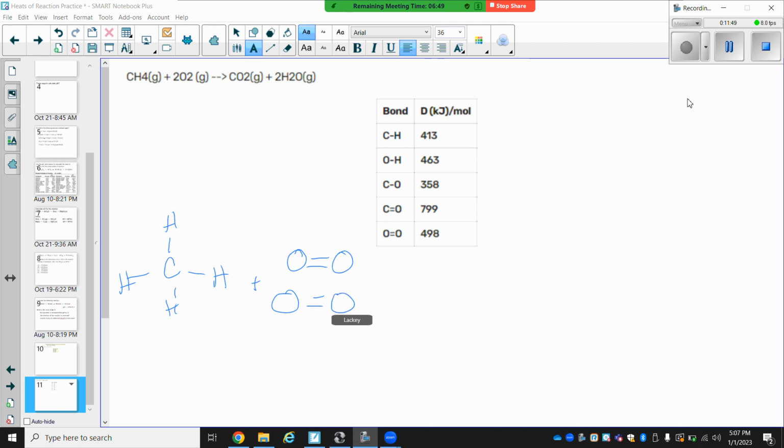So you do want to make sure to account for that. That produces 1 carbon dioxide, and carbon dioxide is double bonded to the oxygens. And then we have 2 waters. So those are single bonded, but remember there are 2 waters. That accounts for the number of different bonds that we have.